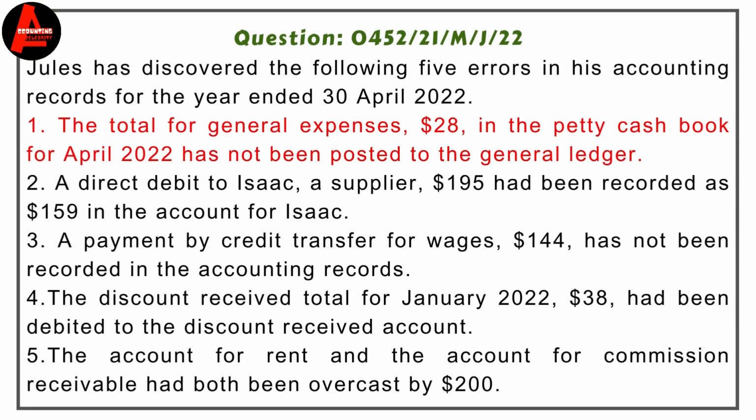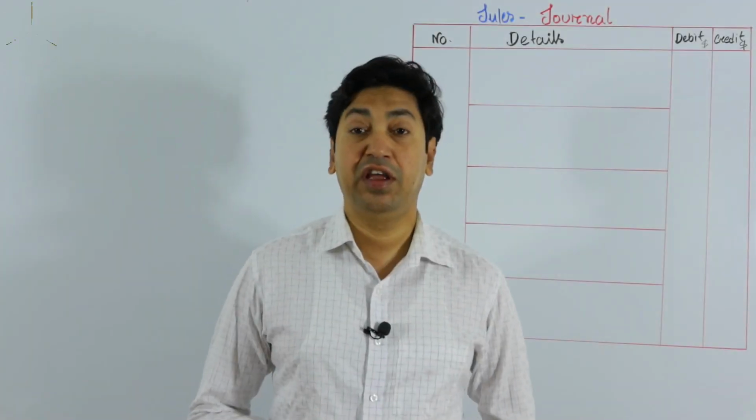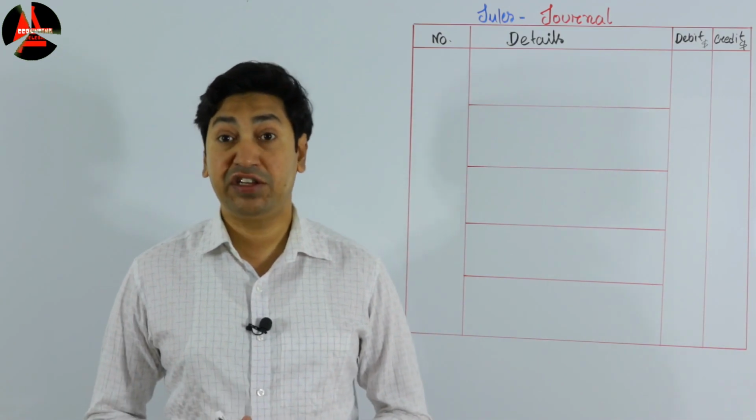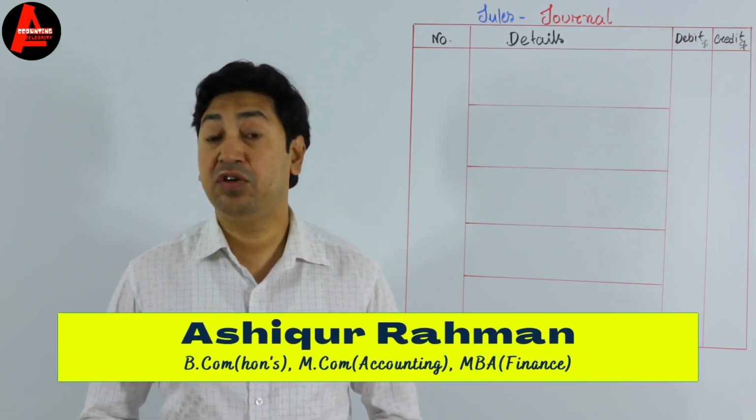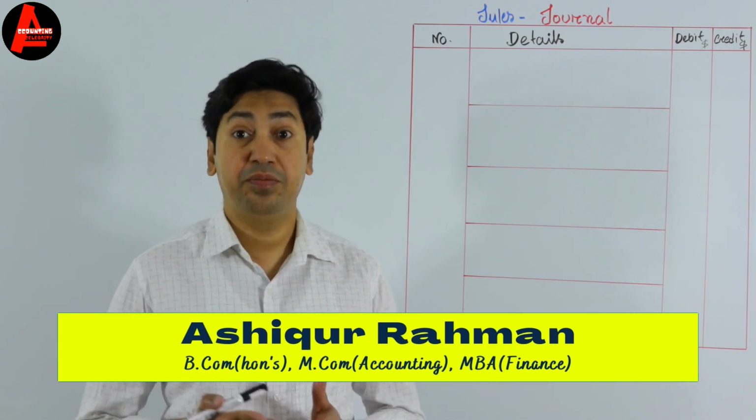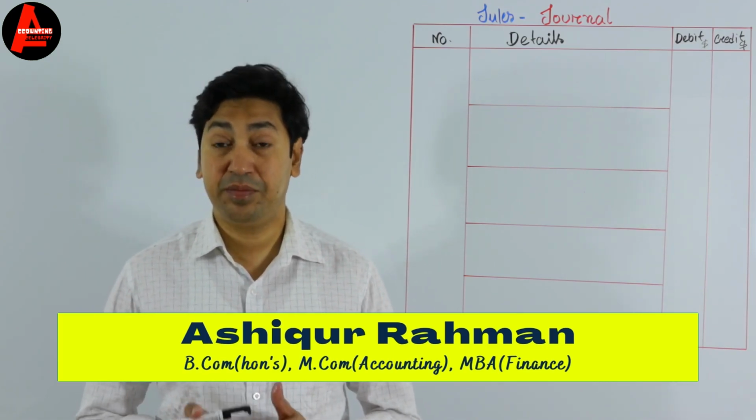Here we have the total for general expenses $28 in the petty cash book for April 2022 has not been posted to the general ledger. So the general ledger is already prepared, and with the balances of the general ledger, the business prepares the trial balance.